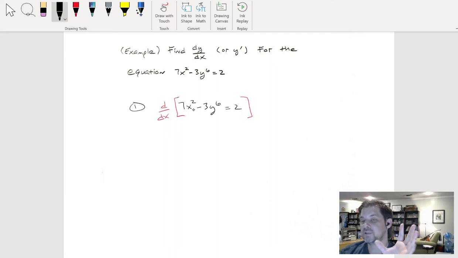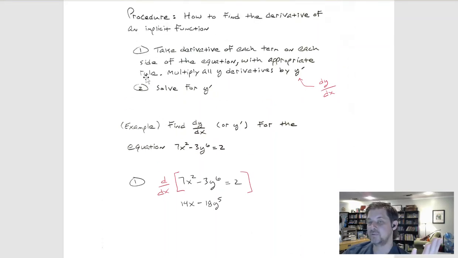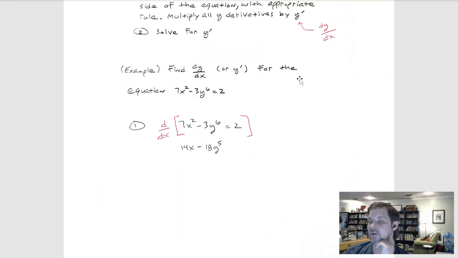So first, for 7x squared, what's the derivative of 7x squared? That would be 14x. And then what do the rules say about the minus? We just carry the minus down. Now what's the derivative of 3y to the 6th power? Well, we bring the 6 down, so we get 18, and we get y to the 5th power. But it says as we do this with whatever the appropriate rule is, we multiply all y derivatives by y prime.